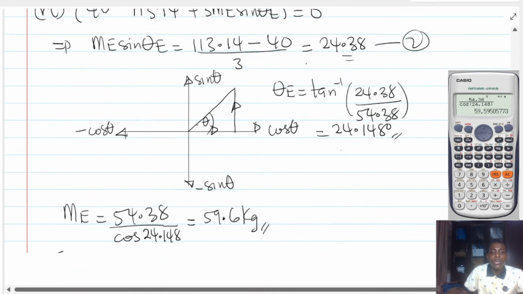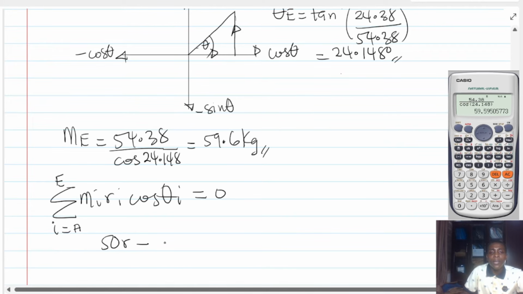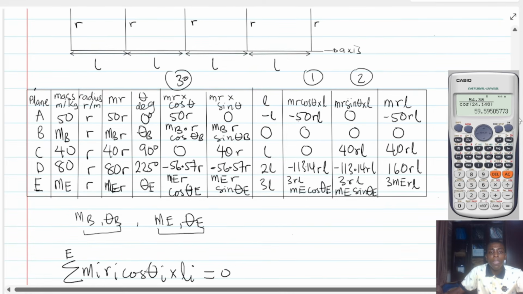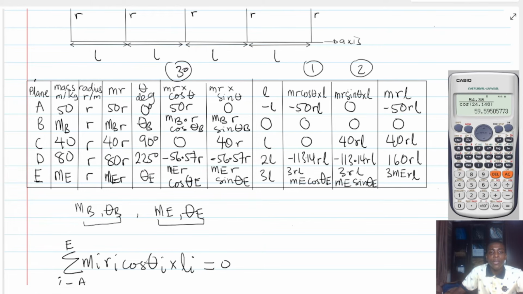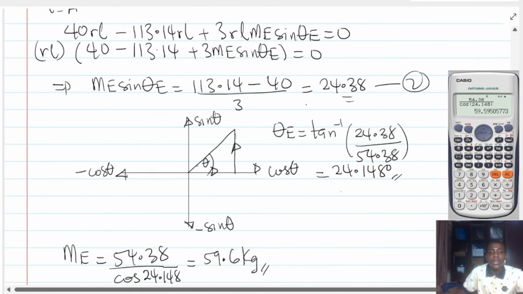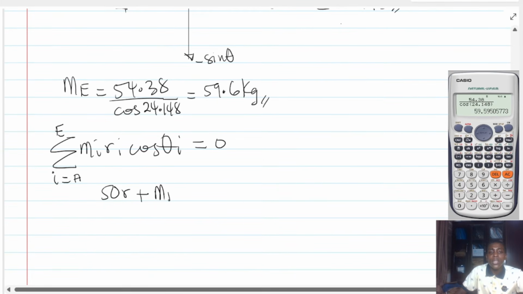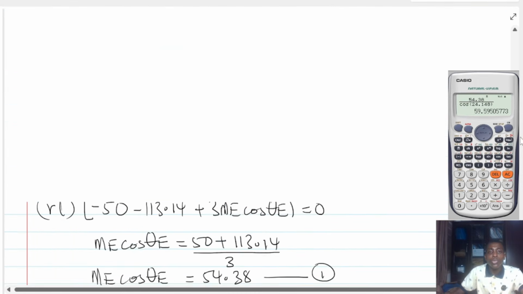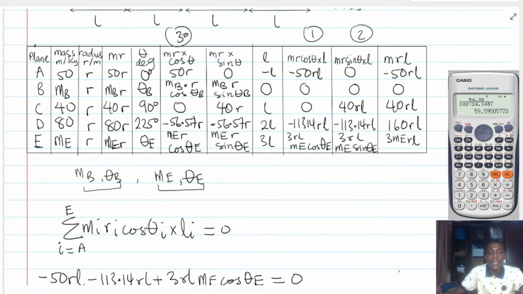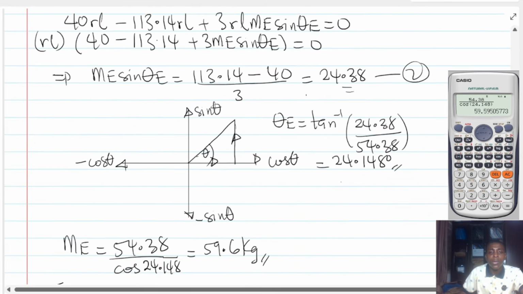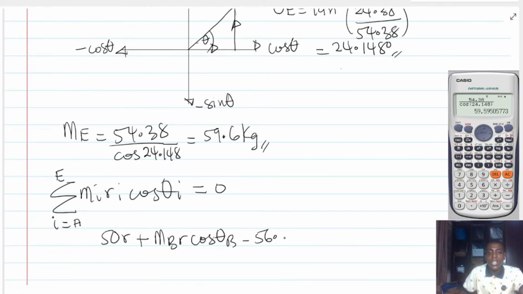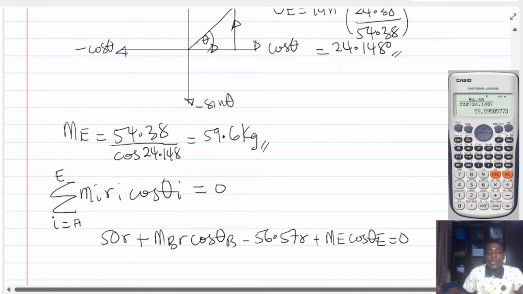So I'm going to do 50R and then this one, MBR cos theta B. So plus MBR cosine theta B. And then I'm going to do minus 56.57 R. Okay, so minus 56.57 R, and finally plus ME cosine theta E. This should be equal to 0.